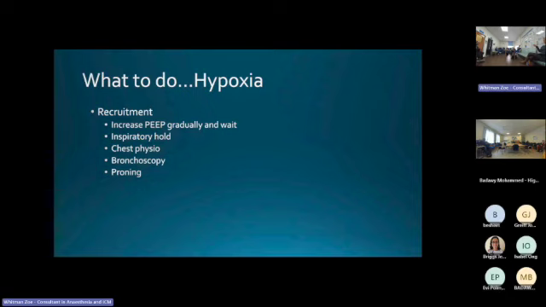You can do it anyway, but it's a useful thing to do after they've had some chest physio or some suctioning, because if you've just suctioned them, you've suctioned out their FRC. Well, try and recruit that.